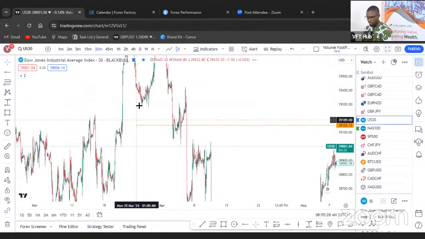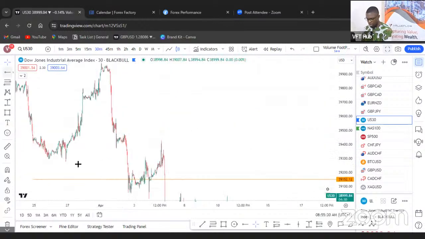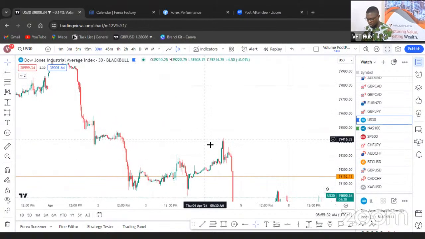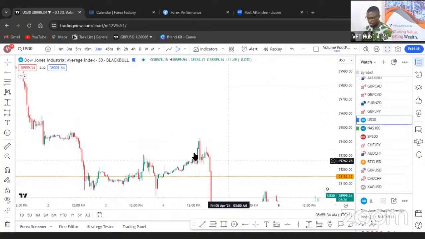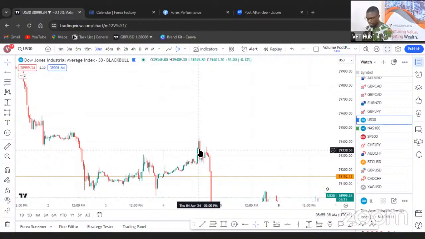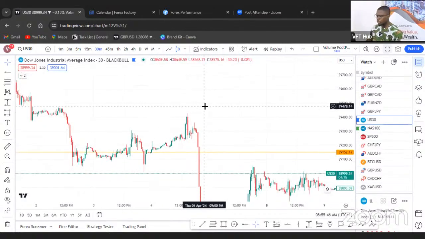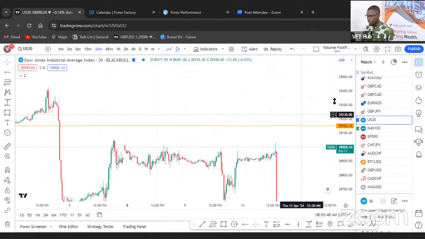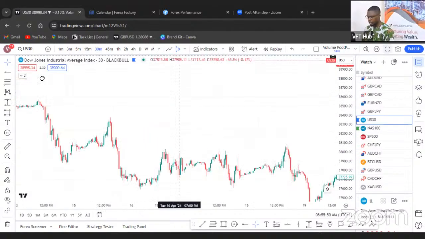Spotted some good entry on M30, but then we have this order block sitting pretty at the top, though price has tested it once. We can see another test into it and then a sharp drop to the downside. But for now, we're just waiting for how price is going to move and react.